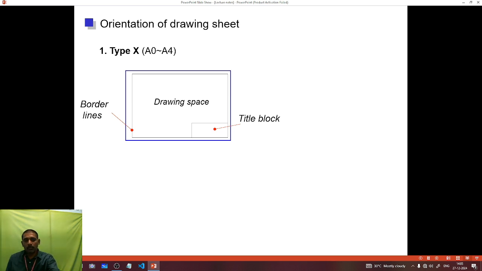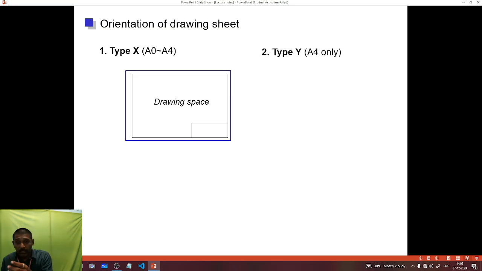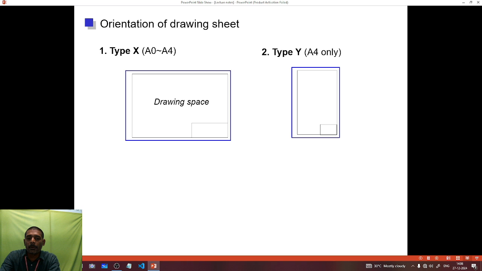Inside the border line, we have to develop the drawing. This method is common to A0 to A4 sheets. If the A4 sheet is rarely used in portrait, the paper is changed to portrait.